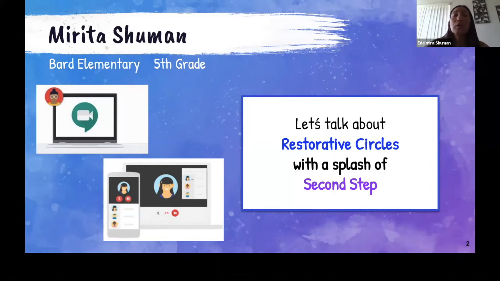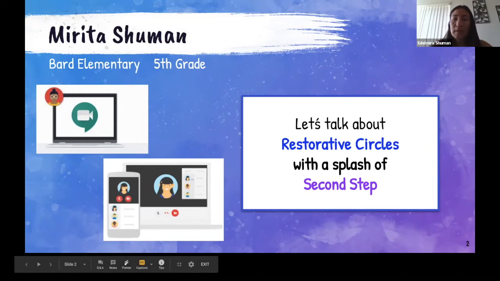We were also using Second Step strategies with them and practicing those lessons. So we mixed the two, and we decided to continue to use them with our students in our Google Meets.